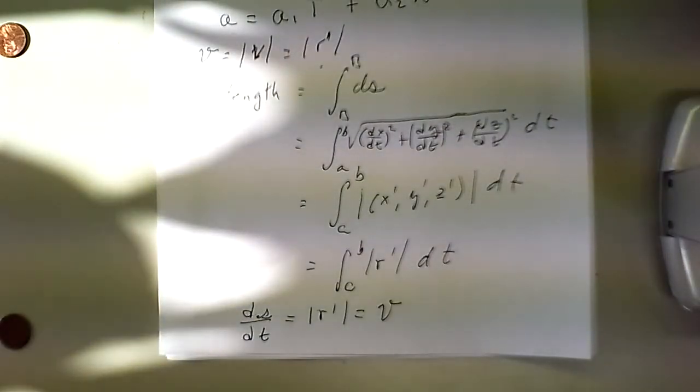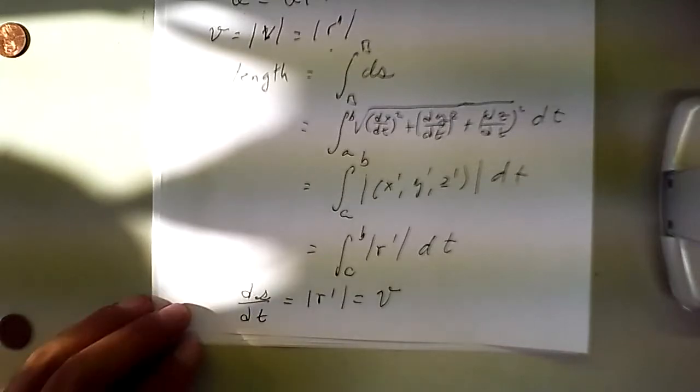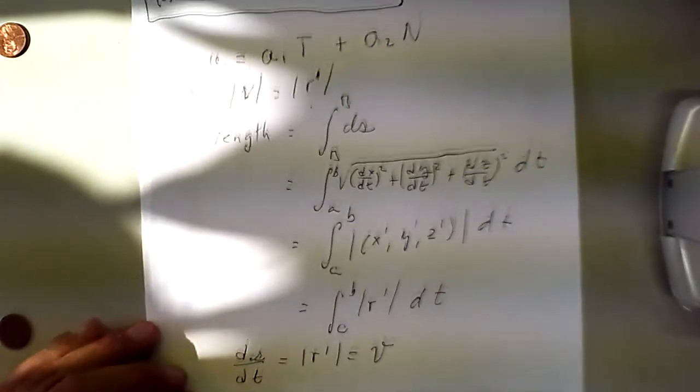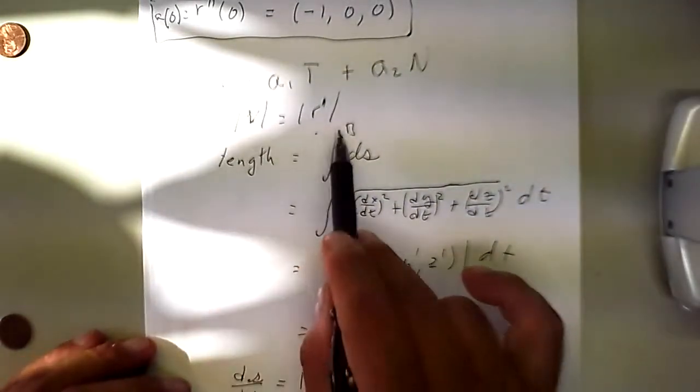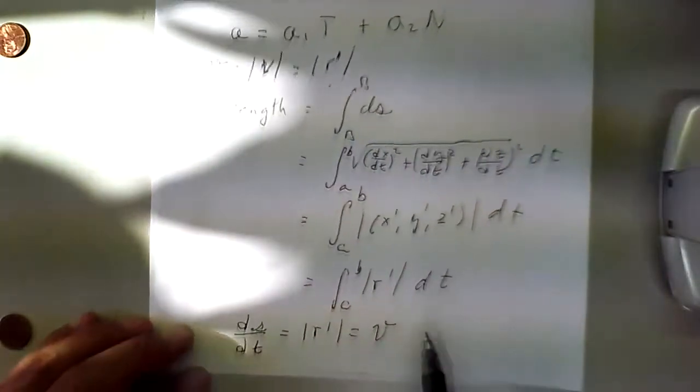This gets really, there's a lot of terms going on. The relationships are few, but there's a lot of terms that we are linking together, and that will happen through the whole semester. There's a lot of terms that are linked together. So we have the velocity combined with r prime. Well, it is the same thing as the magnitude of r prime.